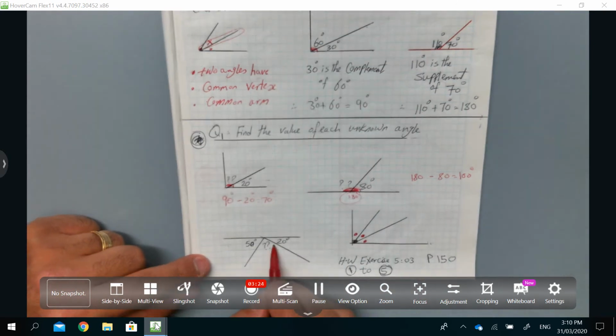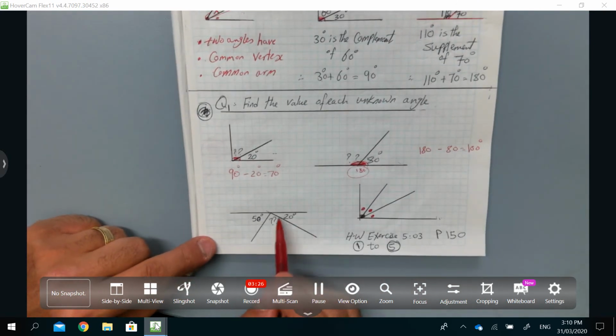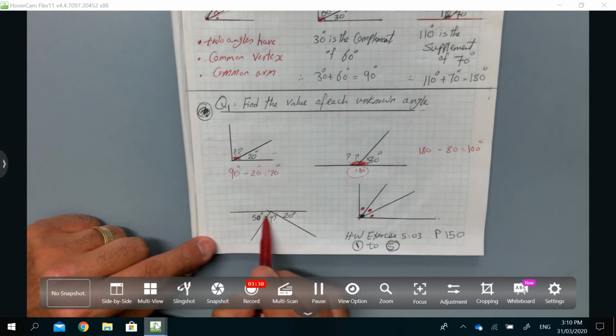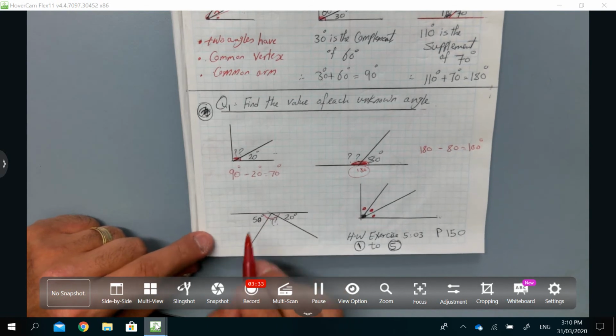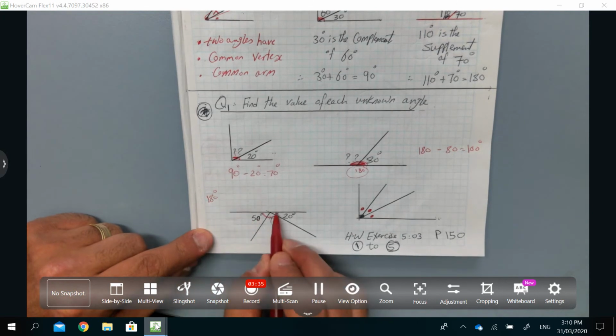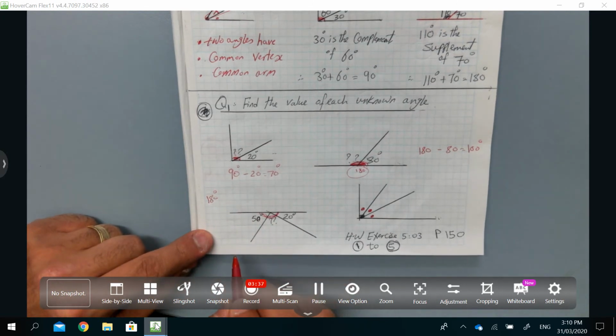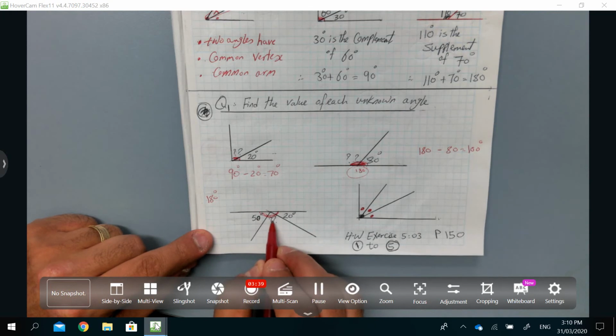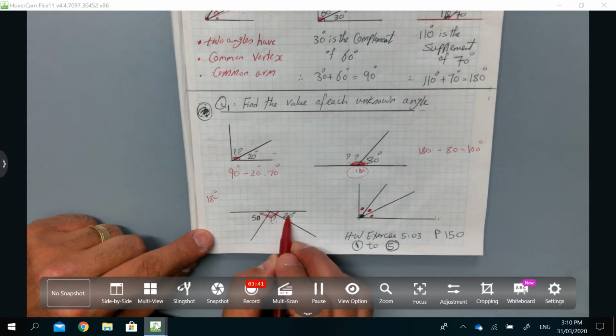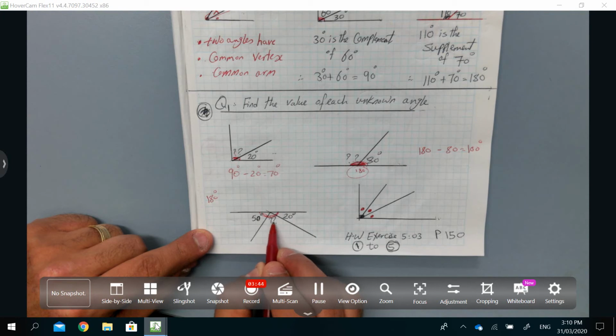How about the third one here? Look at this one. How many angles do we have? We have 1, 2, 3. And when you add up the three angles, you must get 180 degrees, because we have a straight line. Very good. So how do you find this? You are given two angles, one is 20 and one is 50, and you need to find the third one.